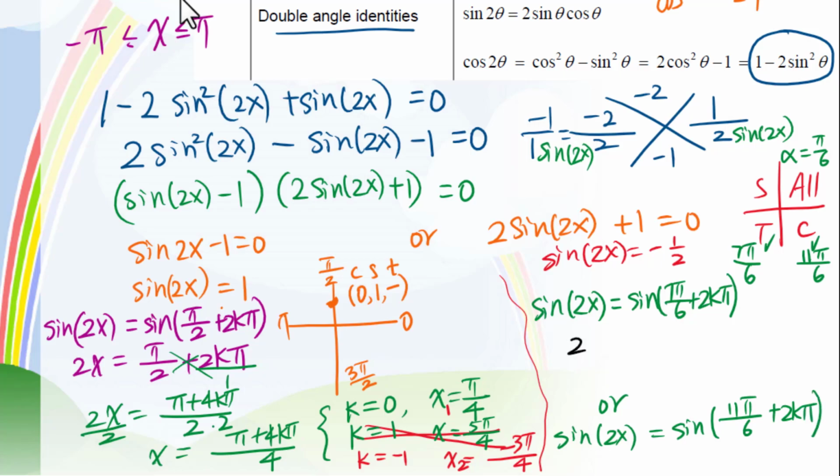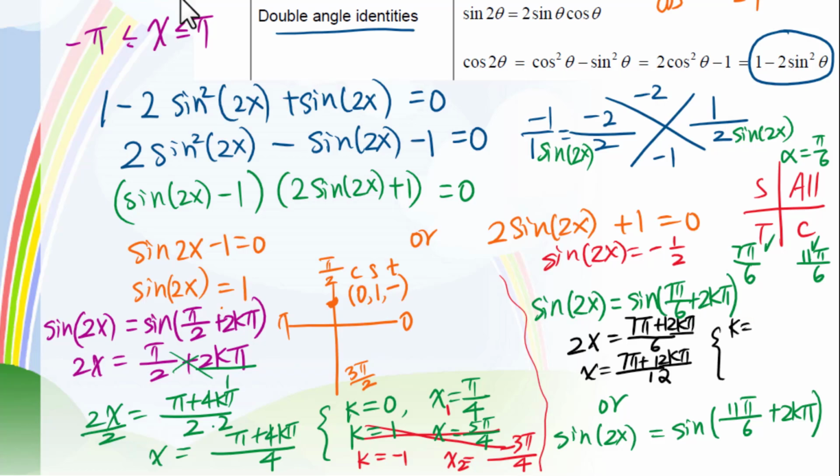For the first equation, 2x equals, we will put this together. Denominator is 6, 7 pi plus 12k pi. Then x equals 7 pi plus 12k pi over 12.